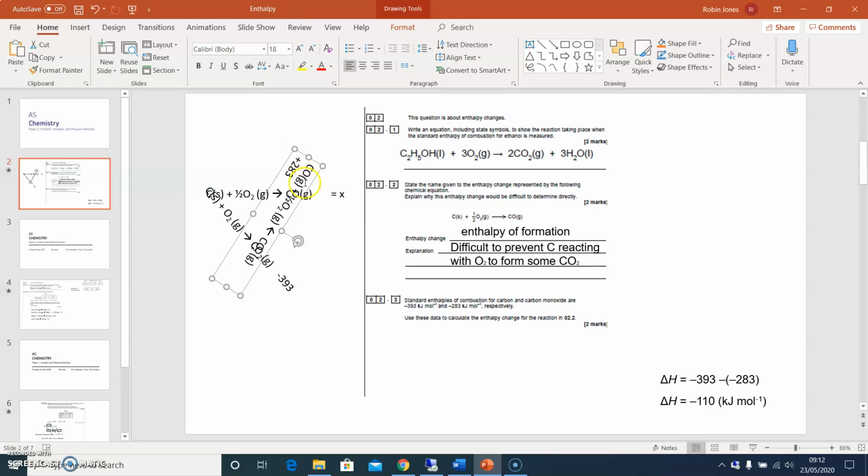So I've reversed this reaction and taken it the other way and swapped the sign from minus 283 to plus 283. So I've swapped it round so that my route and arrows go in the right way.